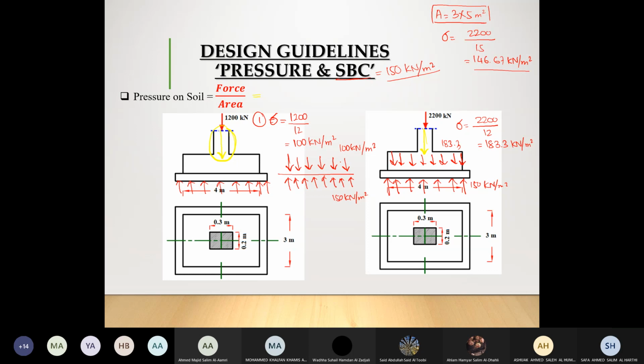There is no point in going to bending or shear if the soil cannot take this loading from the beginning. So checking the ground pressure and the safe bearing capacity is one of the most important checks at the beginning of foundation design. Are we clear about the pressure, safe bearing capacity, stresses? Are we fine about this?